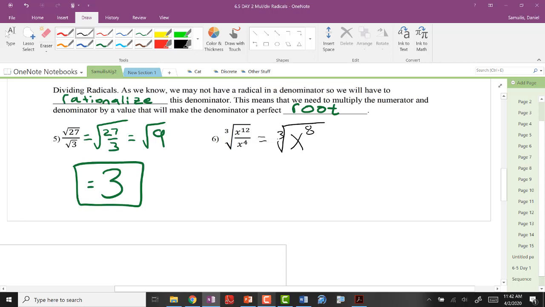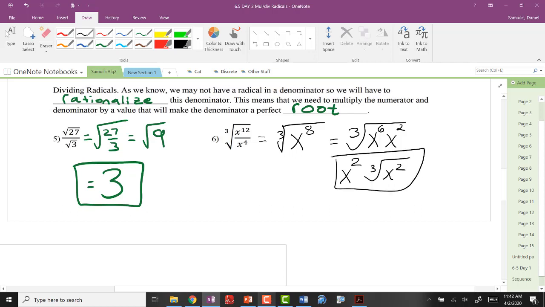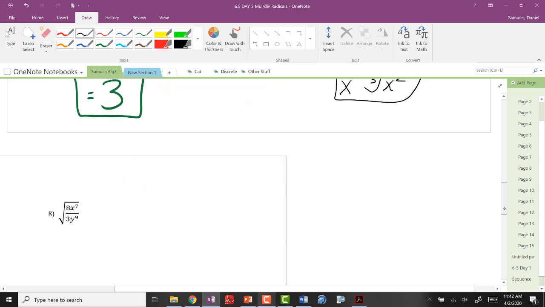Well, I have the cube root of that. There's no radical in the denominator. We do, however, still want to simplify that. So what's the value underneath 8 that's divisible by 3? A 6. So we end up with x squared cube root of x squared. That's how that's going to divide, because I just subtracted those exponents. That's the rules of division of exponents.